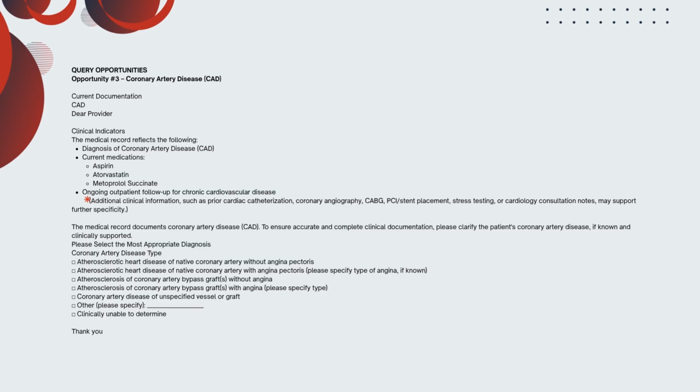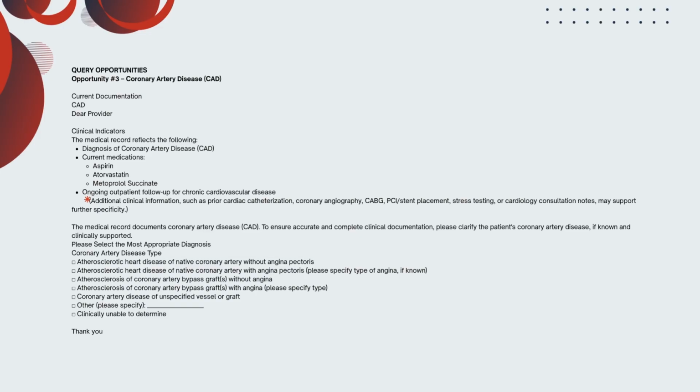Note: additional clinical information such as prior cardiac catheterization, coronary angiography, CABG, PCI/stent placement, stress testing, or cardiology consultation notes may support further specificity. The medical record documents coronary artery disease. To ensure accurate and complete clinical documentation, please clarify the patient's coronary artery disease, if known and clinically supported.